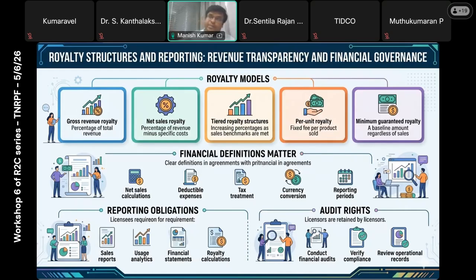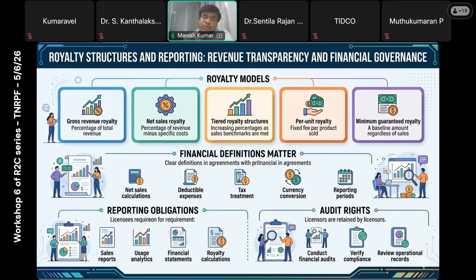Gross revenue is the total revenue that comes to the company. Net sales is when you remove certain deductibles or returns, and then whatever comes from that, you take a certain percentage. From gross revenue, the royalty percentage will be different. From net sales, the royalty percentage will be different for the same technology. So you have to be a little bit cautious on which one you want. Generally speaking, it is on net sales, so you can mostly rely on that.